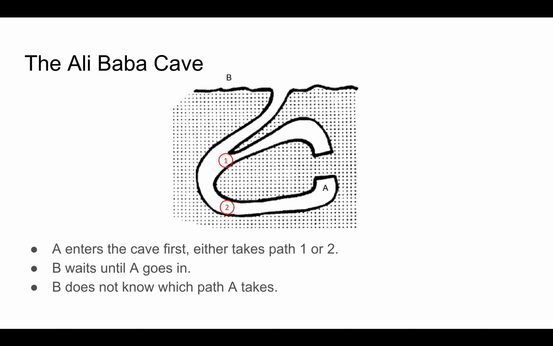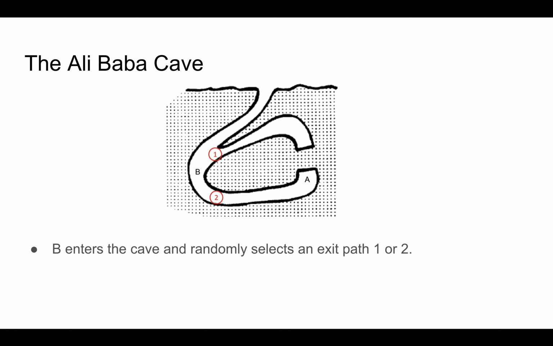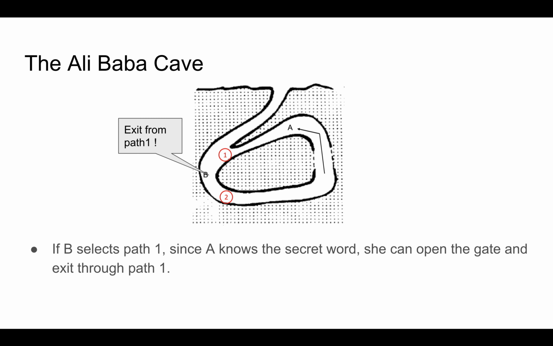Note that Bob does not know which path Alice takes. Then, Bob enters the cave, stands at the crossing of path 1 and path 2, and randomly selects an exit path, 1 or 2, for Alice.